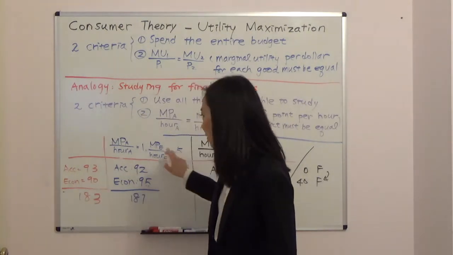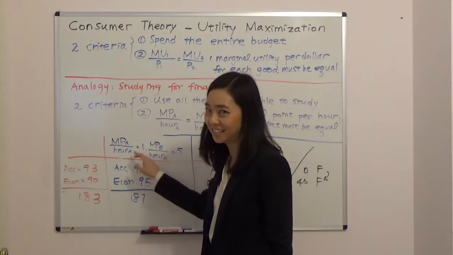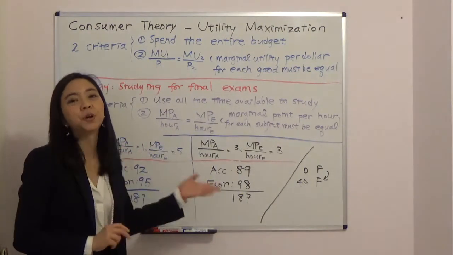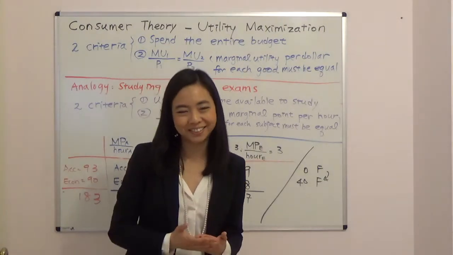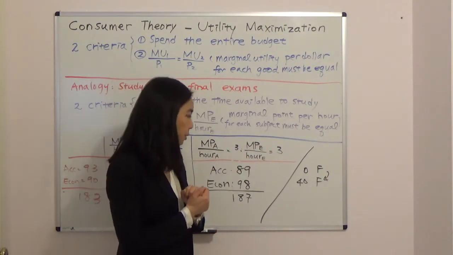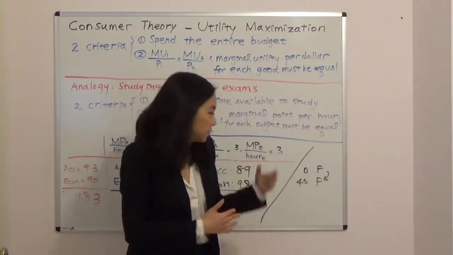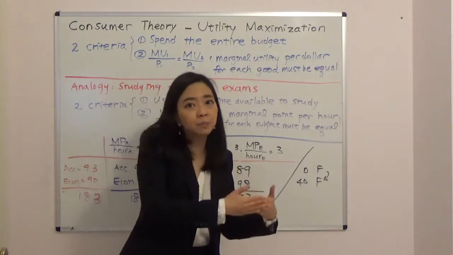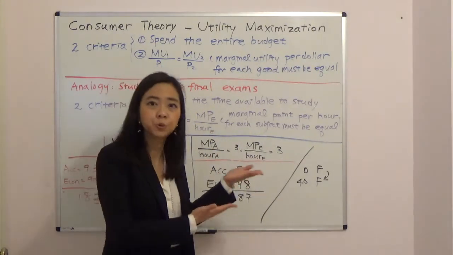Why is that? Well, because your marginal point per hour is not equal. Now suppose after the shift, you are now more familiar with economics. So that is going to lower your marginal point per hour for economics. Why? Because you're more familiar with economics. And at this point, if you study more economics, it's not going to bring up your point quite a bit.